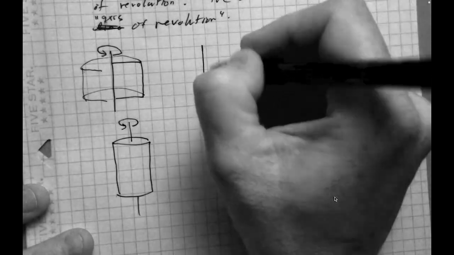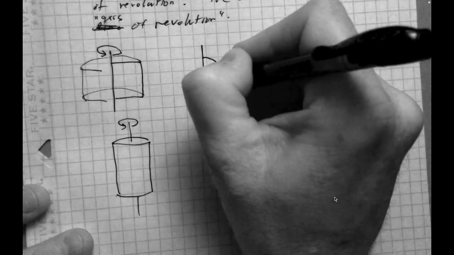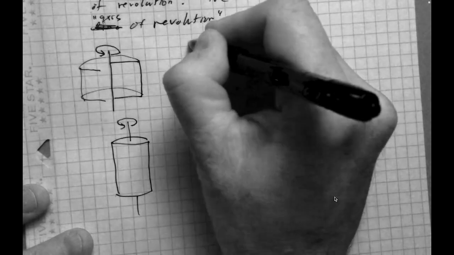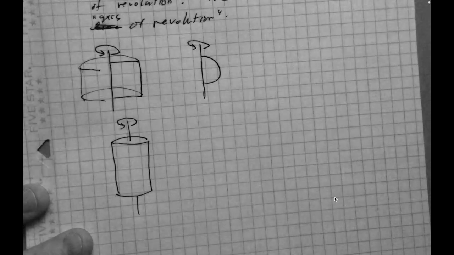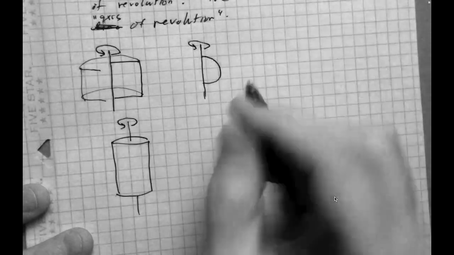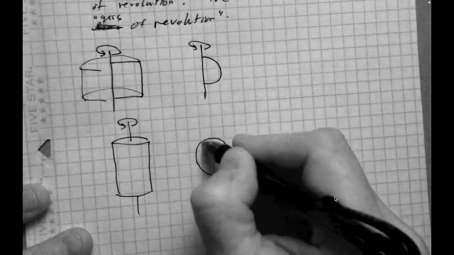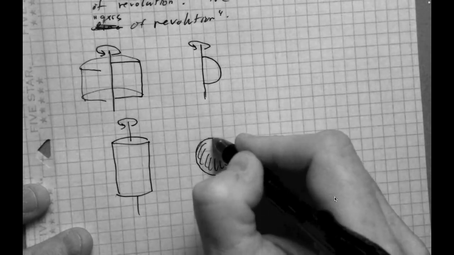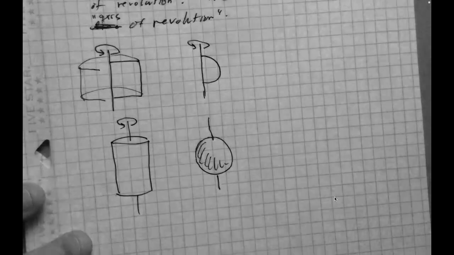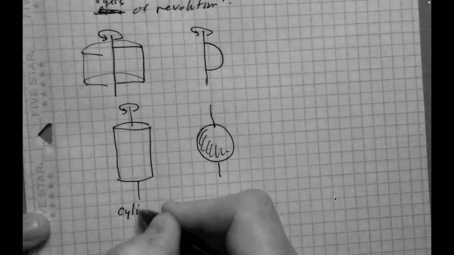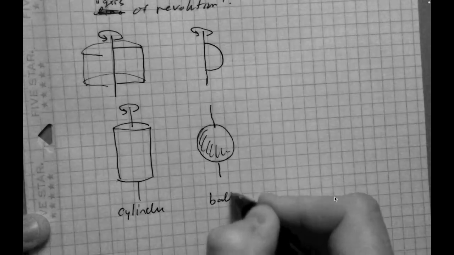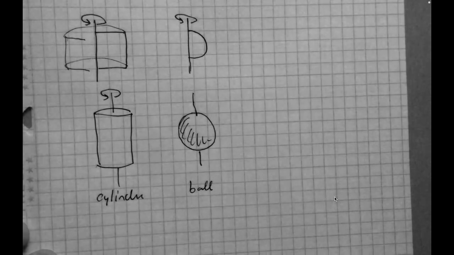Similarly, if I start with a semicircle in the plane, and I rotate it about an axis in the plane, then what I might expect to get would be a sphere. So here you get a cylinder, here you'd get a ball, or a sphere.